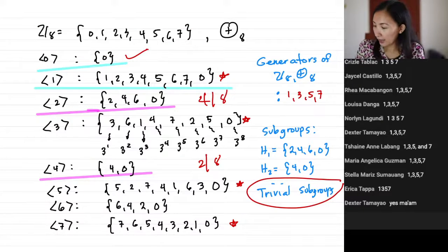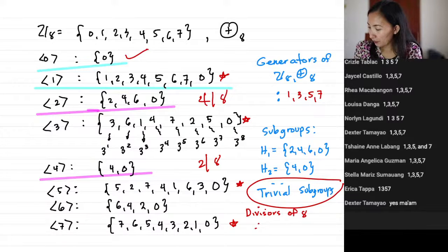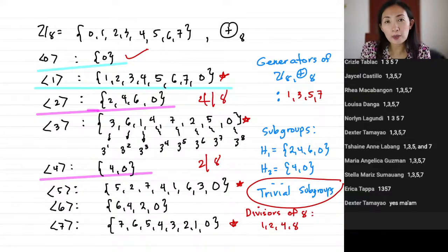So, let me write that down. If we jot down the divisors of 8, what are they? Ito yung mga divisors ng 8, diba? Divisors of 8 are 1, 2, 4, and 8. So, anong expectation?